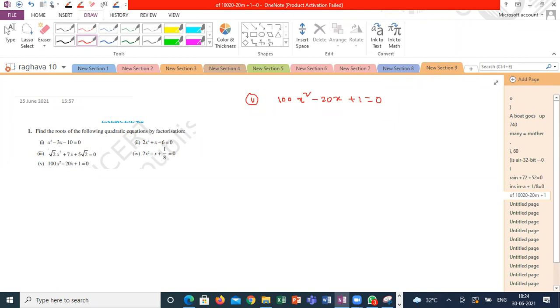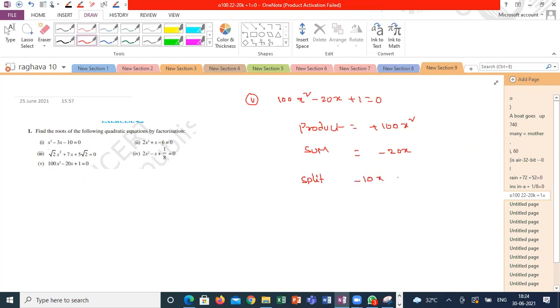What is the product you have to get here? Plus 100x square. Sum should be minus 20x. So what is the split up?